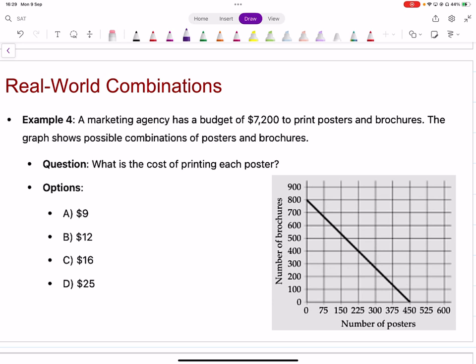How do you figure this out? The total budget is $7,200. Can you figure out from the graph what the cost of printing each poster is?